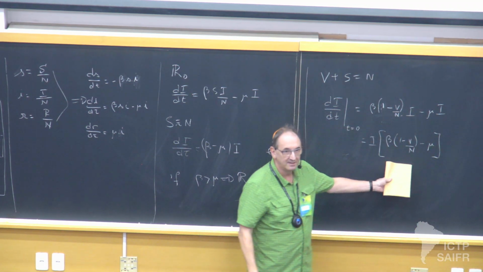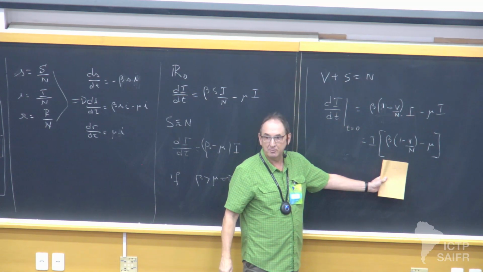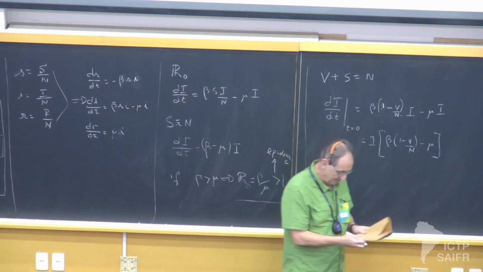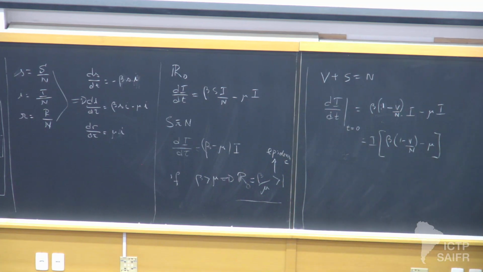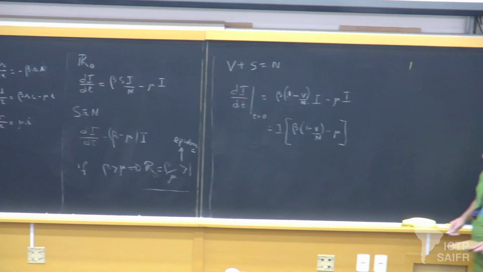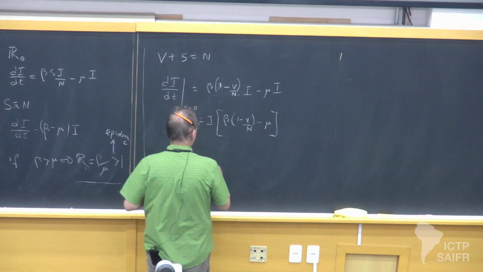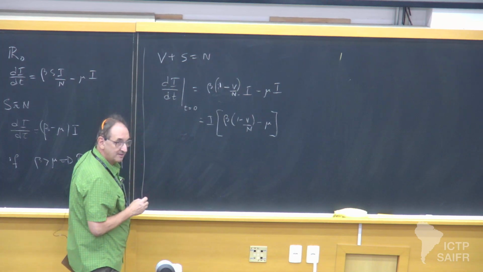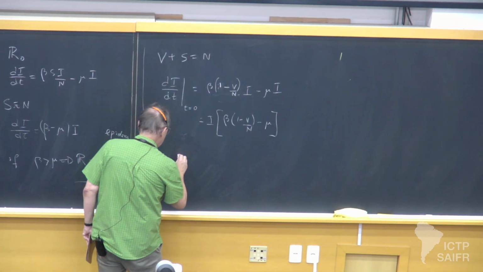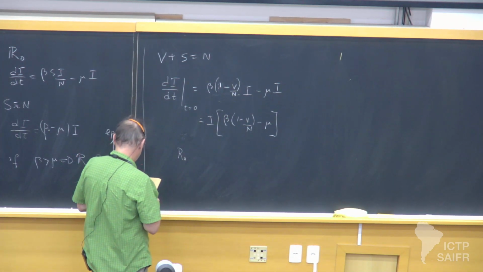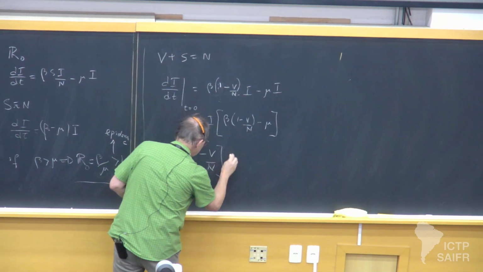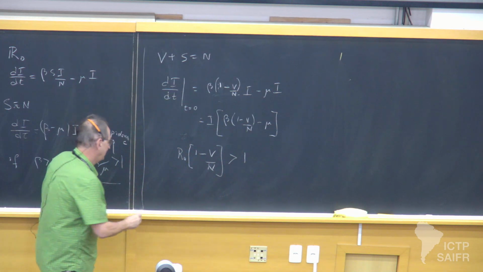If this is bigger than 1, then you have an epidemic. If it's smaller, you don't have an epidemic. Okay? So this condition, if you now divide everything by mu, you will have that R0 times (1 minus V over N) bigger than 1 means epidemic.